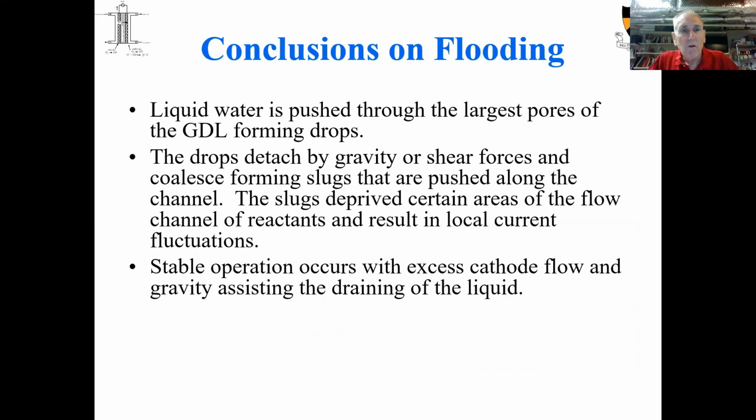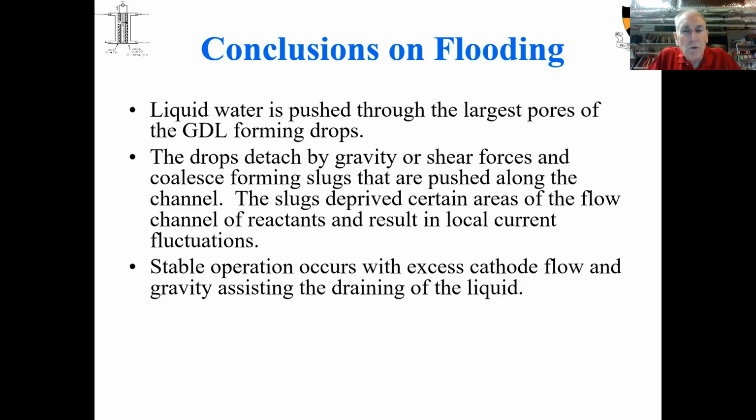So we can draw on flooding: we see that liquid water is pushed through the largest pores of this porous carbon or gas diffusion layer, forming droplets. These droplets detach by gravity or shear forces, and they coalesce and form slugs that can be pushed along the channel.